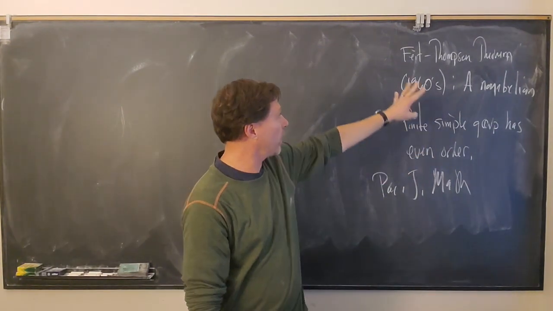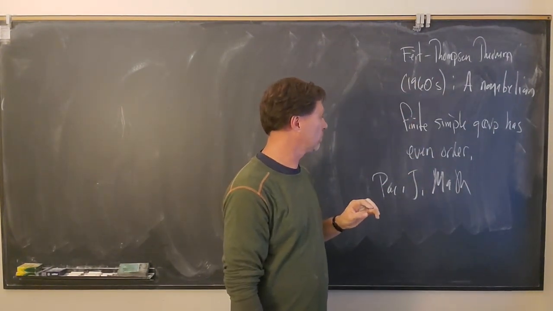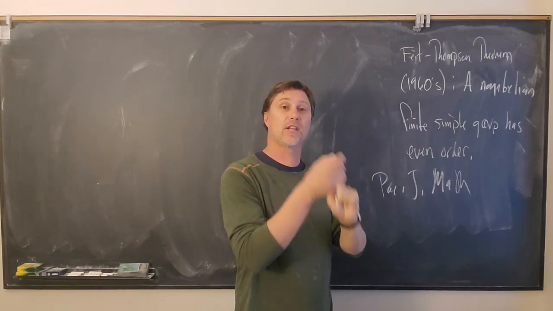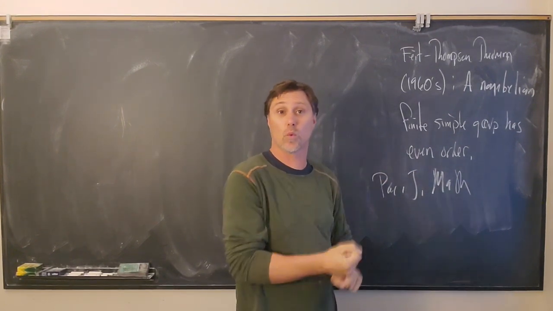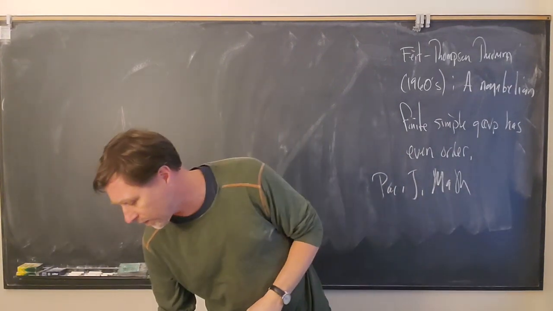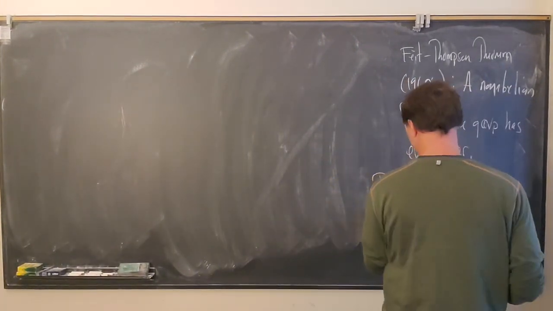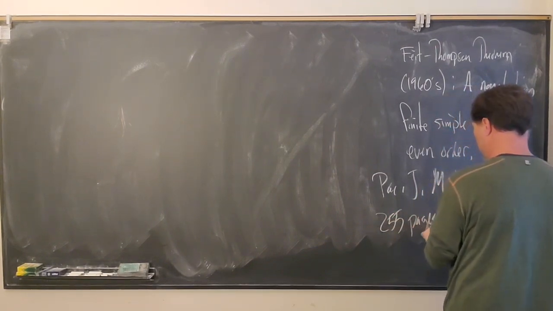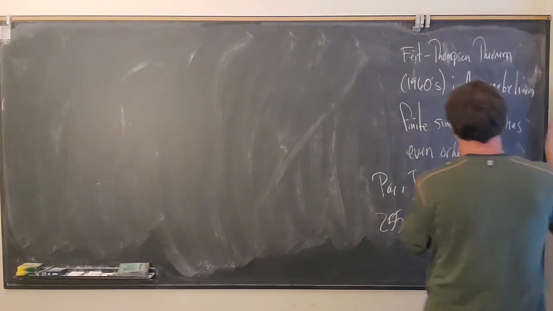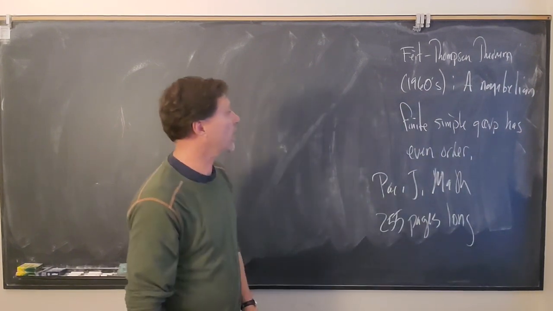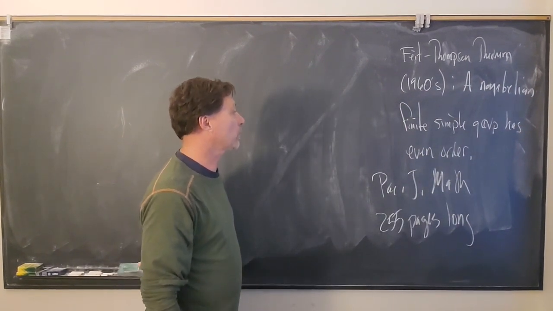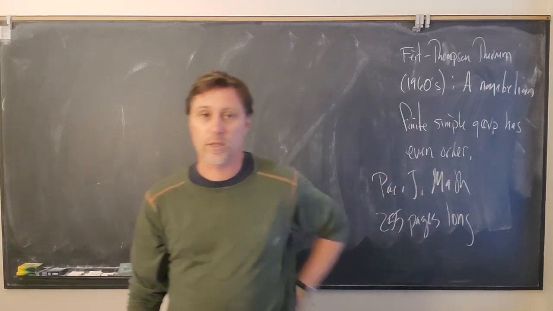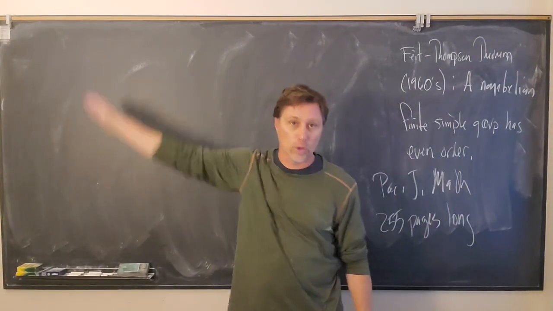And then this theorem right here, the Feit-Thompson theorem, occupies the entire journal. So this journal is dedicated to the proof of this one theorem. It's 255 pages long. So this is a big deal. A non-abelian finite simple group has even order. Took a lot of work. But what did it do? It essentially ruled out half of the groups.